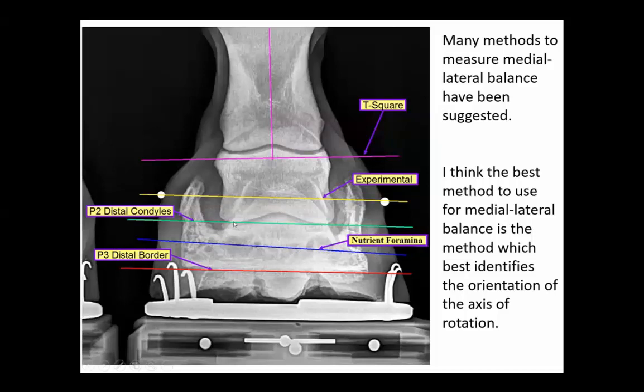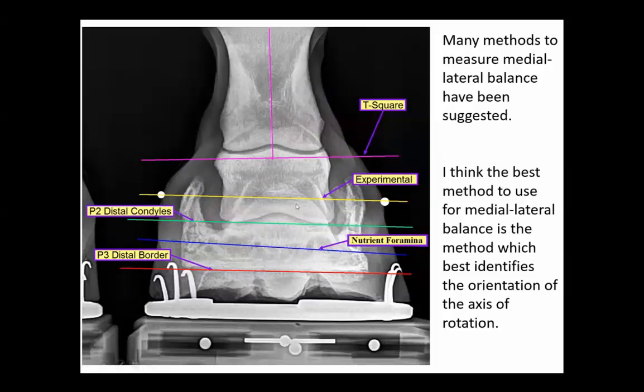We say that this green line, which is at the most distal points of the P2 condyles, those 2 most distant points, draw this green line. We argue that that's a good way to find the orientation of the axis of rotation of the coffin joint.